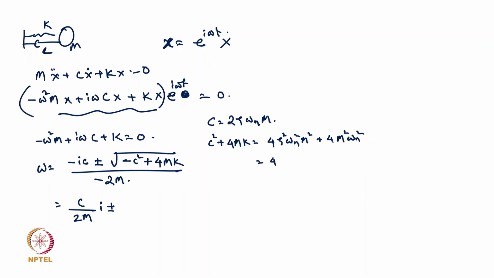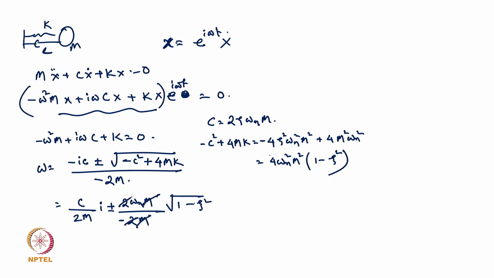So I can write it 4, yeah, there is a minus sign, 4 omega n square m square into 1 minus zeta square. So I can put it here, 2 into omega n into m divided by 2m, with a minus sign, 1 minus xi square. Makes sense?